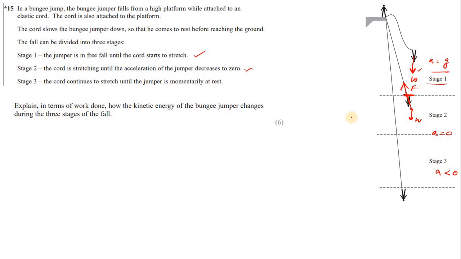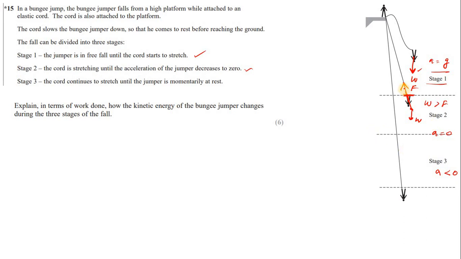And now the resultant force is less than weight. But still weight is greater than the elastic restoring force. So the bungee jumper keeps accelerating. That means speed keeps increasing, kinetic energy keeps increasing, but at a decreasing rate.